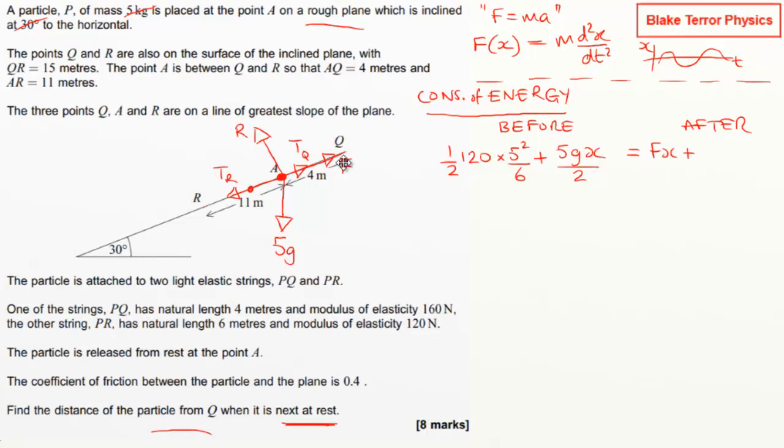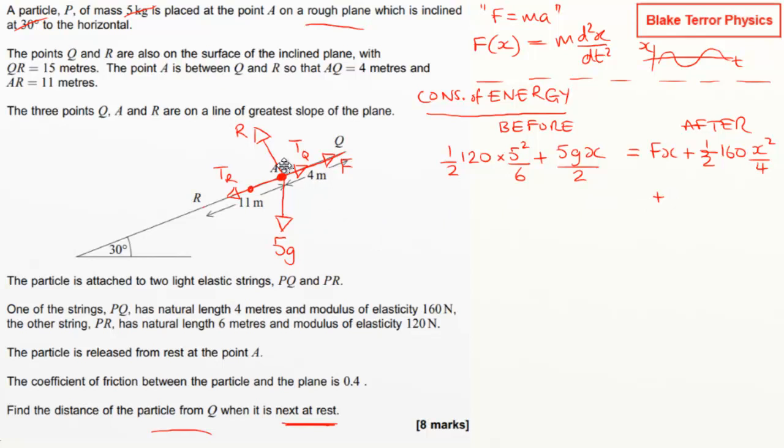So for the string that's going from P up to Q, that x is the straight extension of the string. So we're going to have a half times 160, because that's our modulus of elasticity for that one, times x squared over 4, which is the natural length.